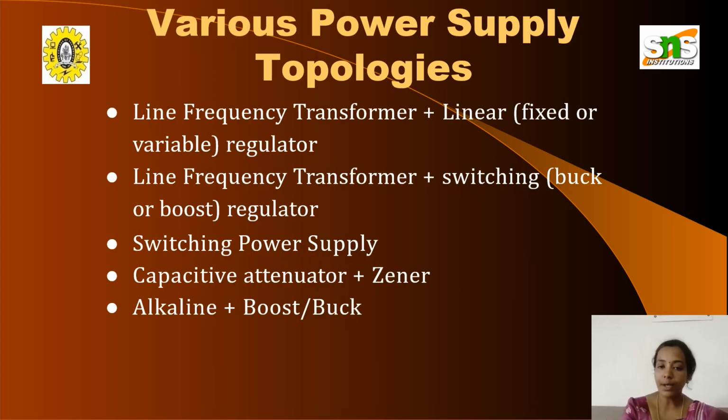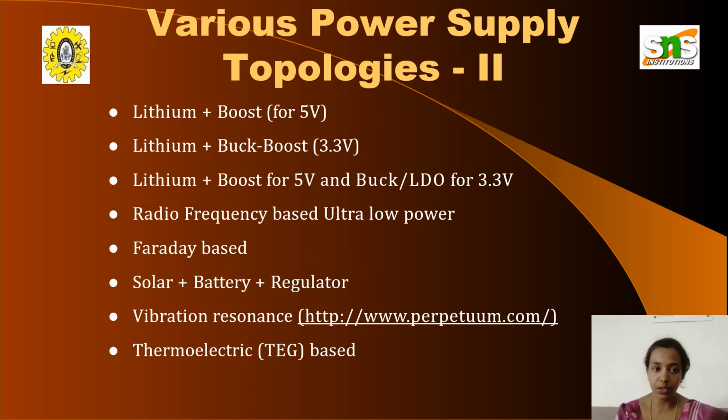Various power supply topologies can be adapted in embedded systems. A line frequency transformer along with a linear regulator, or along with a switching regulator, can be used. Switching power supply can be used. A capacitive attenuator can be used along with a Zener diode. Alkaline with boost or buck can be used.